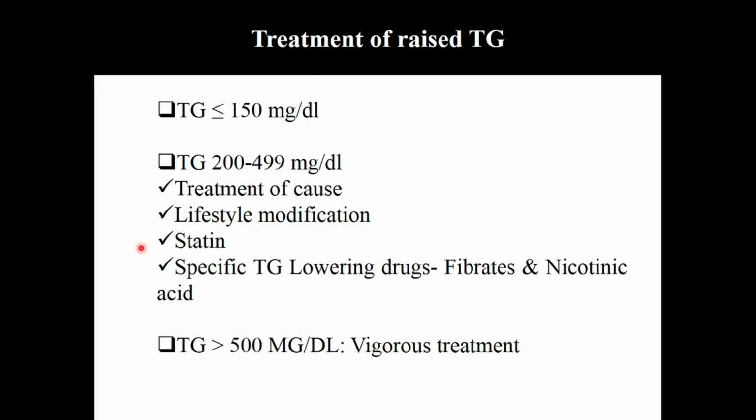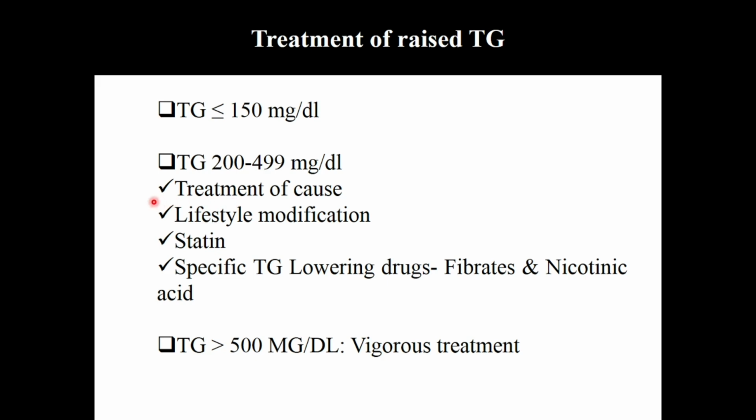In case triglyceride is raised, the target here is 150 milligram per deciliter. First thing is to treat the cause. If it is primary, we can't treat the cause, so we have to treat it symptomatically. But if it is secondary hypertriglyceridemia, like diabetes, hormonal problems, hypothyroidism, first those causes need to be treated.